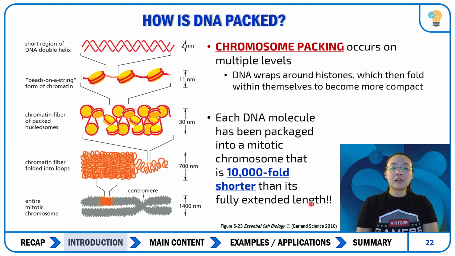So in order to save space, it's going to delicately fold itself into a more condensed and packed structure, approximately 10,000-fold shorter than its original length. So that's pretty amazing considering so much is happening on essentially the nanoscale.